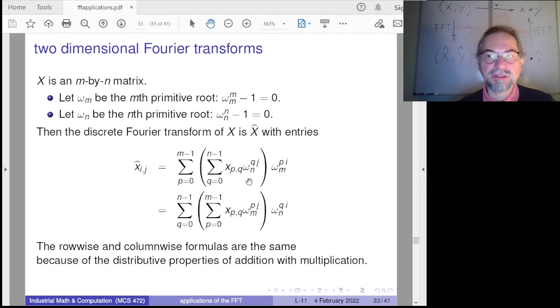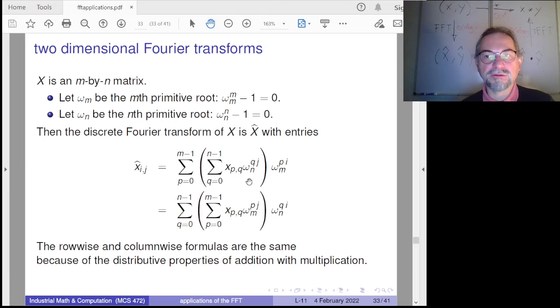Then we use the primitive root with the column dimension, the omega n, and the outer loop then runs over the other primitive root, or we can flip things around.